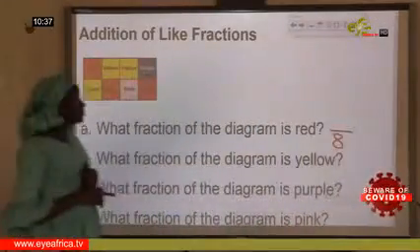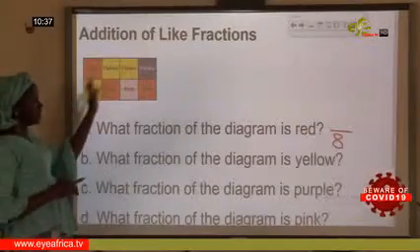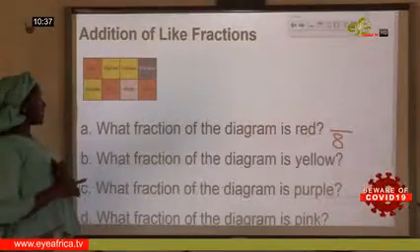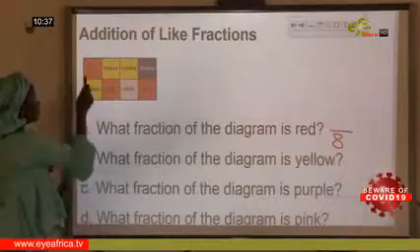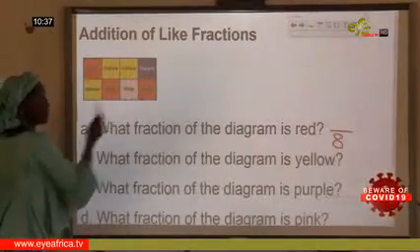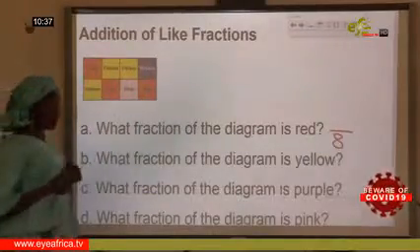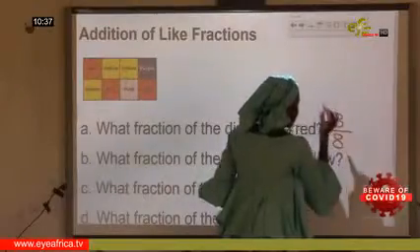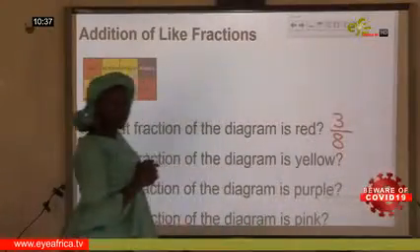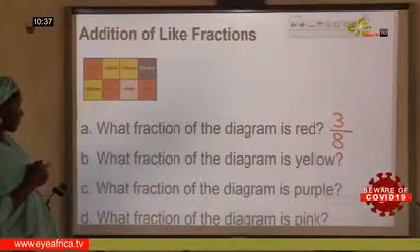So how many portions are red? 1, 2, 3. So our numerator is going to be 3. That is 3 eighths.